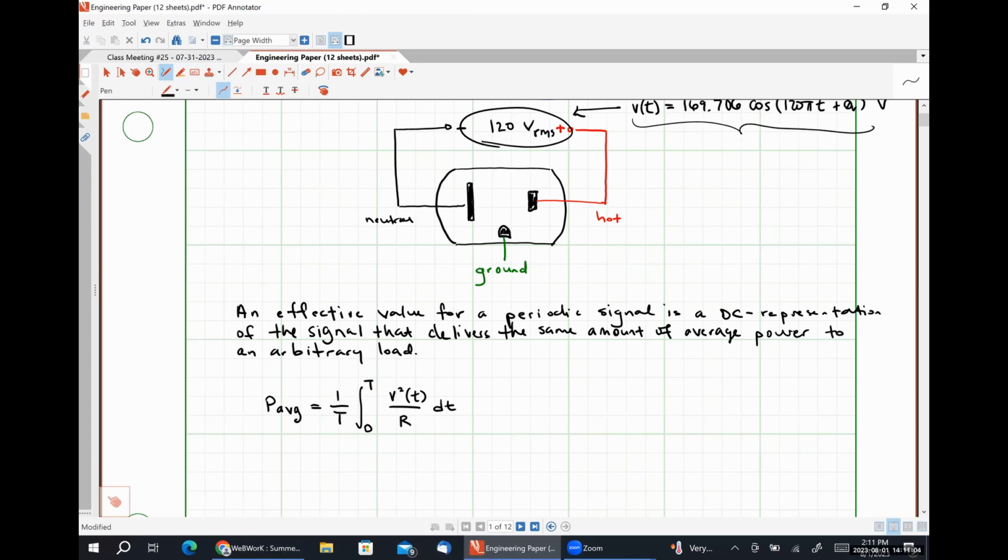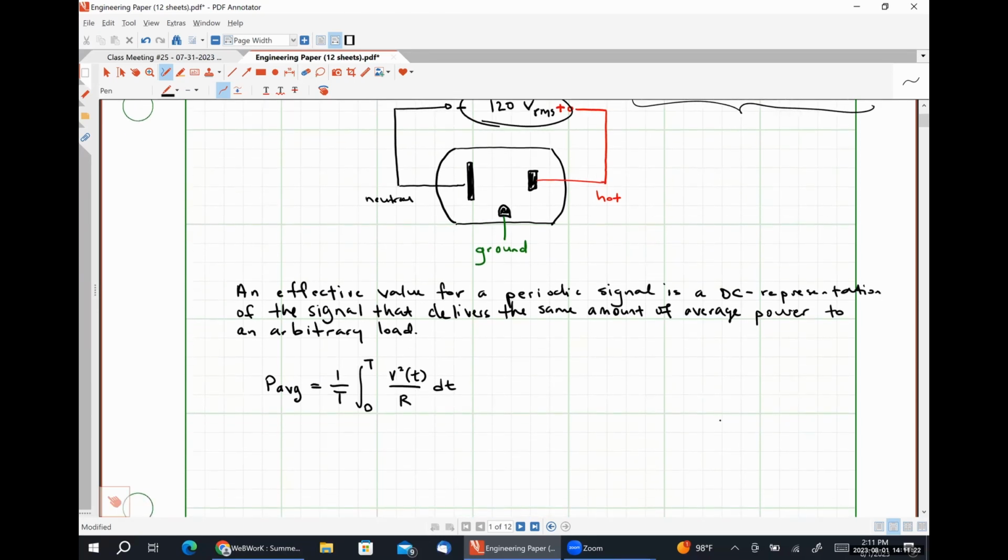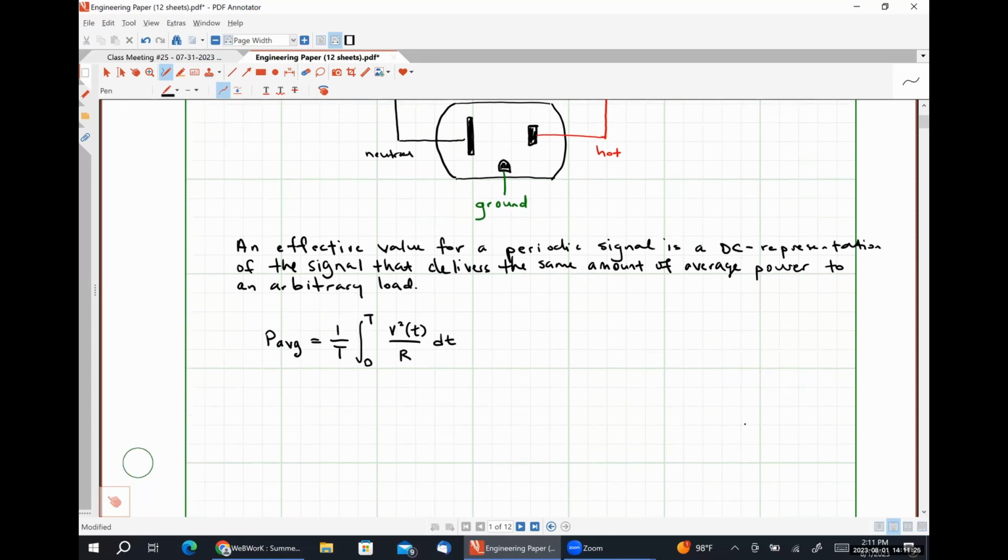So this is nothing more than a slightly rewritten version of our instantaneous power relationship. We integrate that instantaneous power over 1 period and then divide by the duration of the period to get the average power.